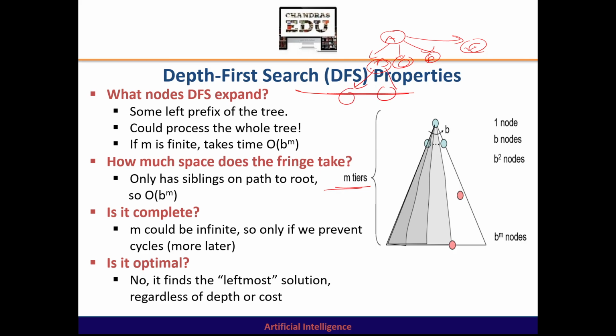So this is level 1, this is level 2, this is level 3, like that. We have different levels. We can call them tiers. So M tiers we can write here.